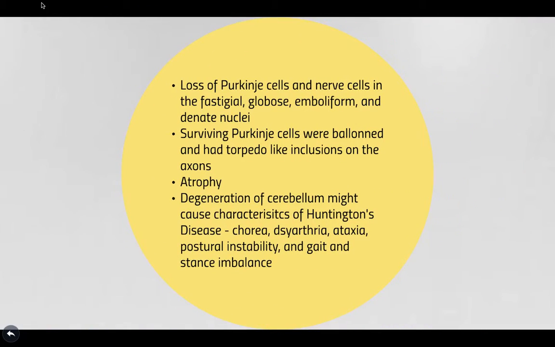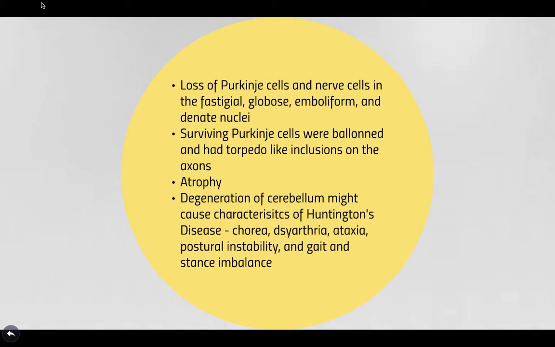The cerebellum will experience loss of Purkinje cells and nerve cells in the fastigial, globose, emboliform, and dentate nuclei. Those Purkinje cells release the neurotransmitter called GABA, which ultimately reduces transmission of nerve impulses.